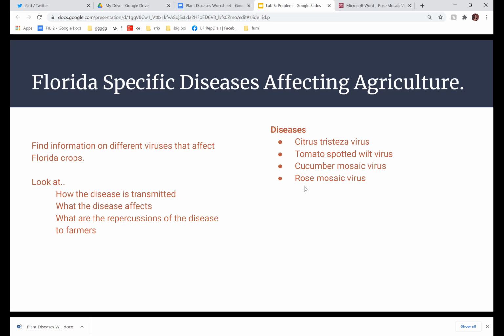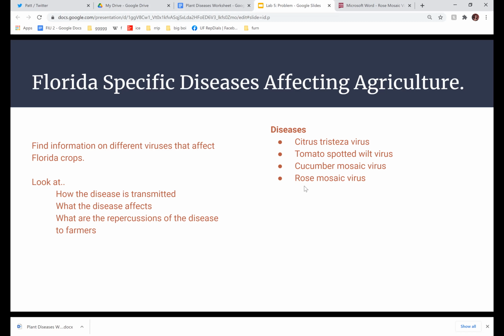The pollen transfer is only in roses, and the only other proven means of transmission is through propagation, like cuttings of the plant. Some of the disease's effects are bands or ring spots on the rose, wavy lines, yellow banding, oak leaf patterns on the petals, as well as general mosaicing, like splotches of yellow and green on the leaves. Usually the symptoms are only on certain parts of the plants.